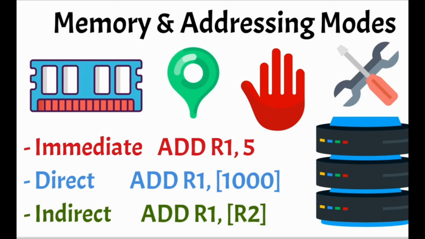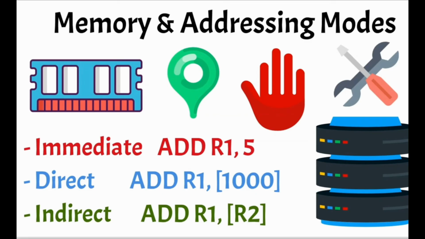type video. So when it comes to memory and addressing modes, memory refers to the physical locations where the data is kept, allowing programs to retrieve and manipulate information. Now, addressing modes define different ways we can access the memory.